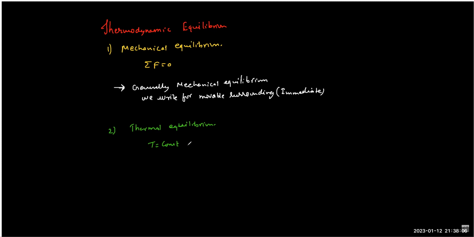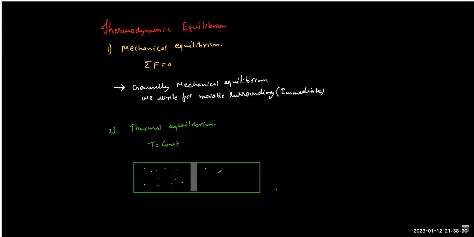Sometimes you will come across a gas separated by a piston. So you may have a cylinder, I mean, let's say some container, and it is separated by the piston. And then we have a gas on both sides.